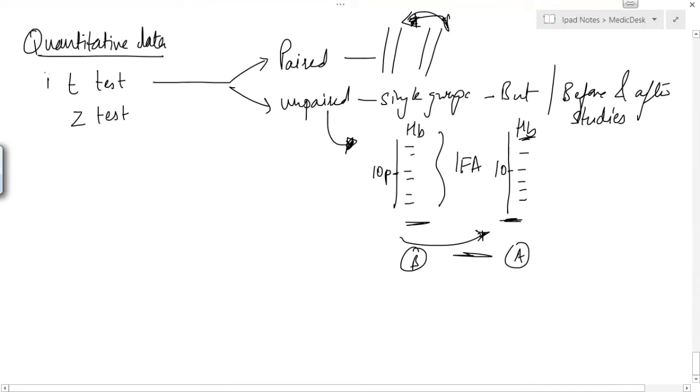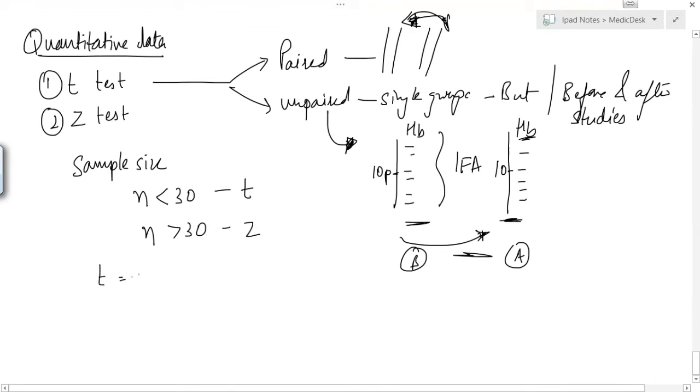Now to choose whether to do Z or T, we look at the sample size. If n is less than 30, use T. If n is more than 30, use Z. The formula remains the same. Here SE is equal to SD upon root n. Z has the same formula.